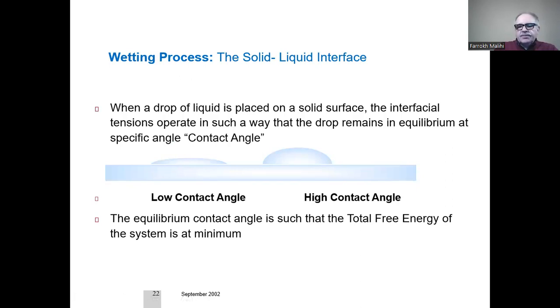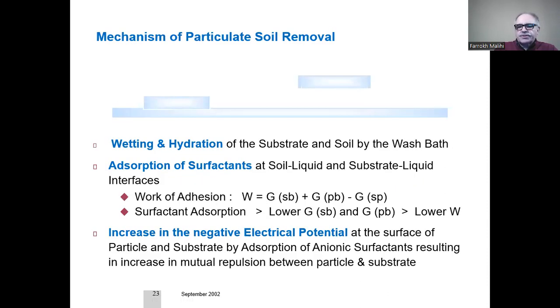What happens is that the presence of surfactant and its adsorption at the solid liquid interface, soil substrate interface, soil water interface, and substrate water interface, reduces the interfacial tension and facilitates the wetting process.